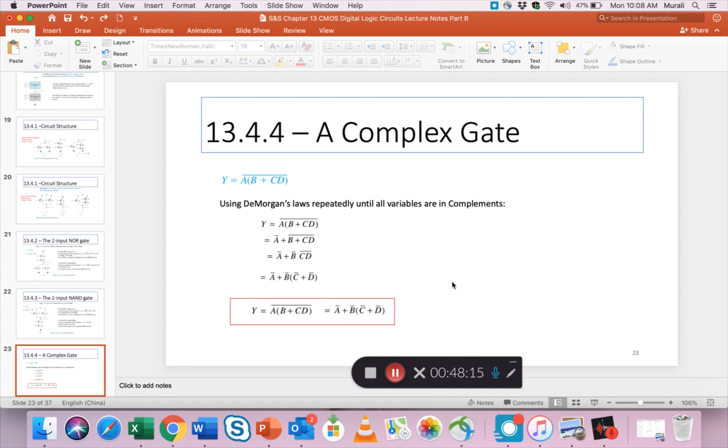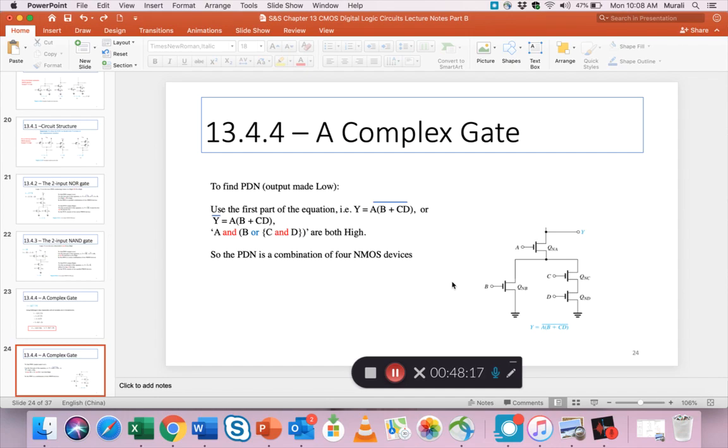Okay? Now we can see how to create the bottom portion, the PDN, and the top portion, the PUN, for this particular function. So use the first part of the equation, y equals a, b plus cd, or you can just move this bar over, y bar equals a, b plus cd. How do you read that?